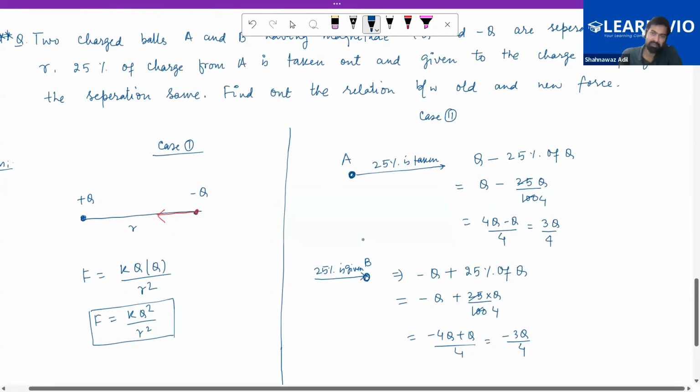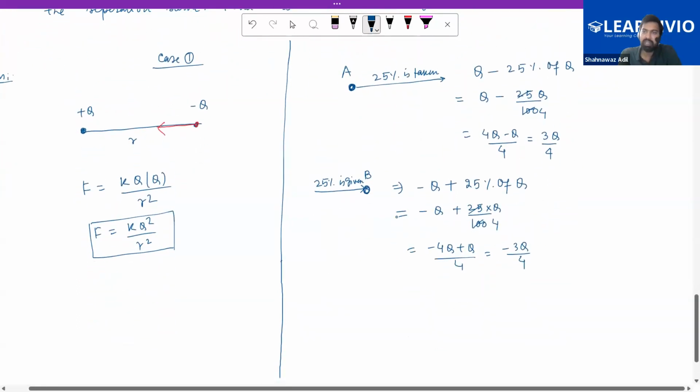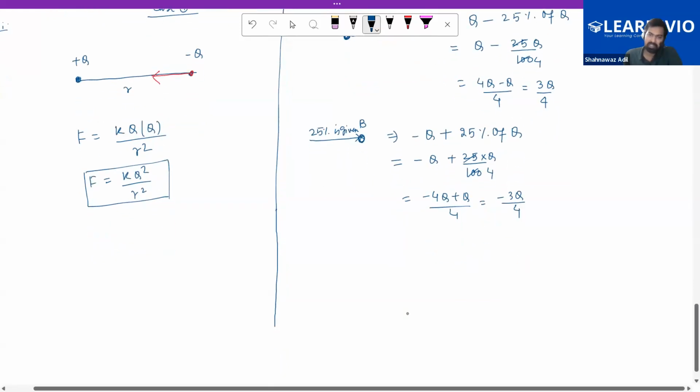Okay. So these are the new charges that we have, and the separation remains the same. So the charges are 3q by 4, and the separation is r, and this is minus 3q by 4. So what would be the new force?